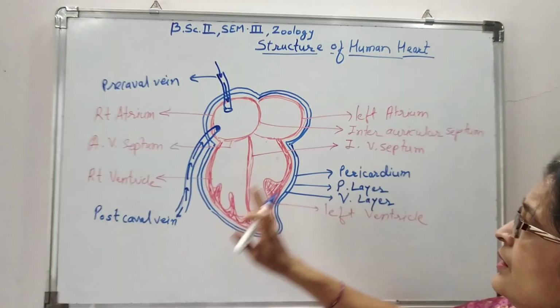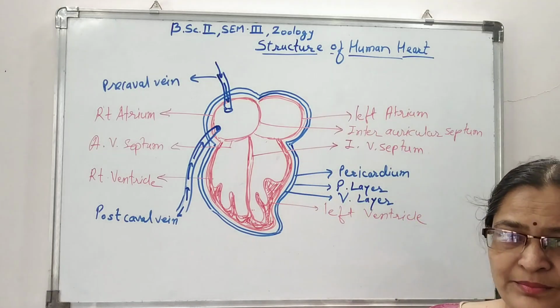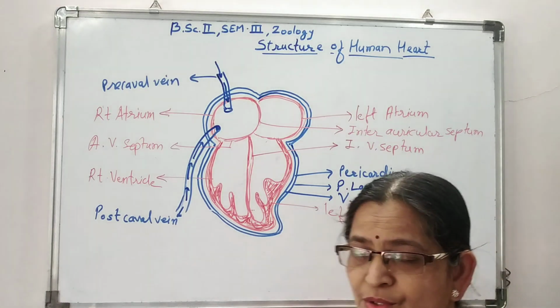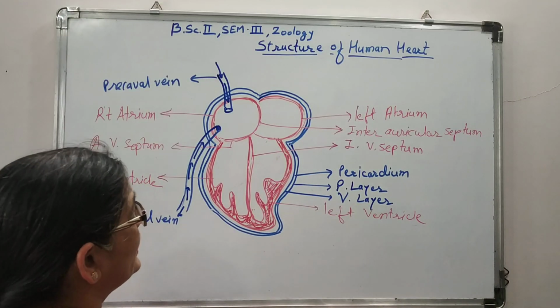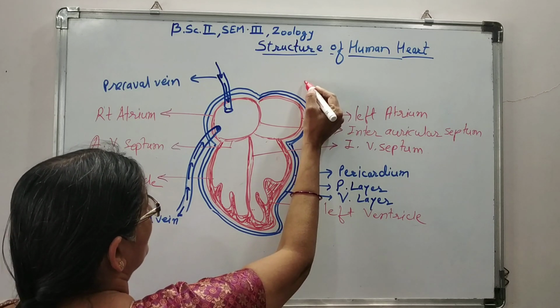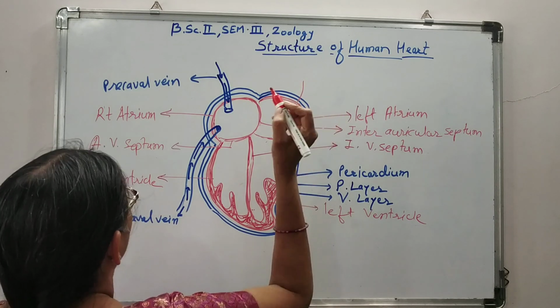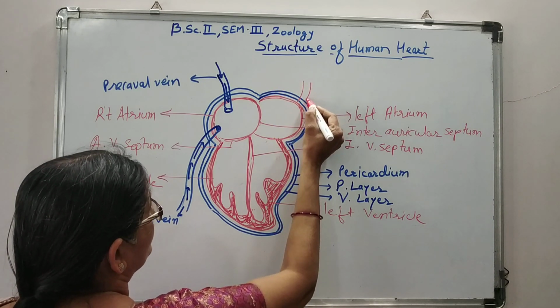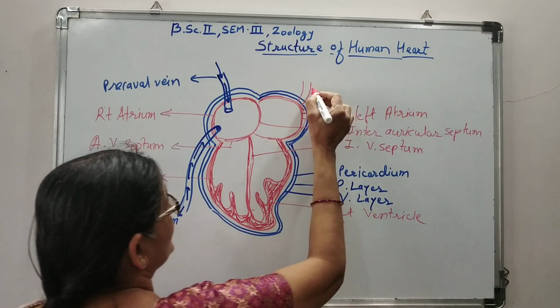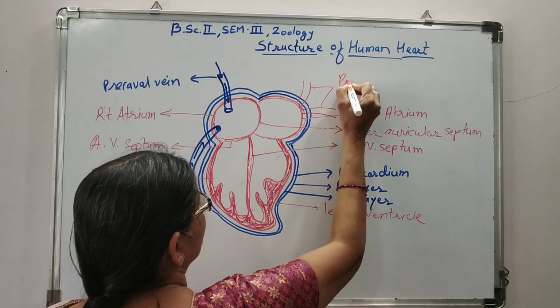Now see the left atrium. Again, this left atrium is also a receiving chamber, and it receives oxygenated blood from two veins. These are the two pulmonary veins.